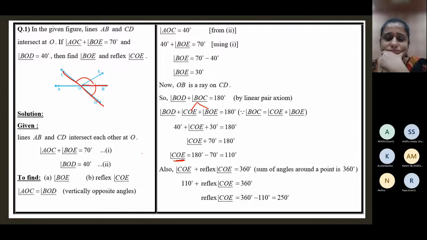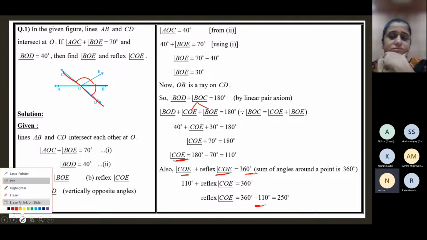Then COE plus 70 is equal to 180, ma'am. So like this, you find angle COE. 110, ma'am. Okay. Now, angle COE plus reflex angle COE is equal to 360, ma'am, because the sum of angles around a point is 360. And reflex angle COE is 250. Okay. Very good.